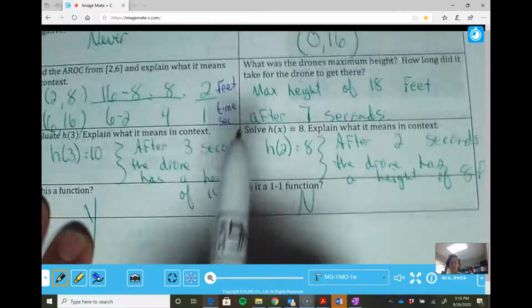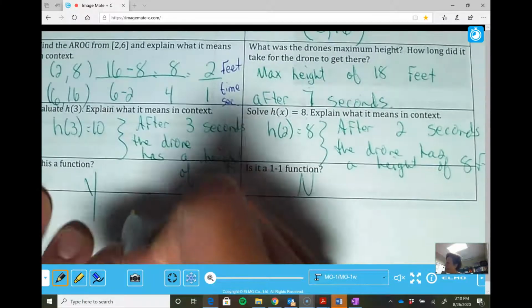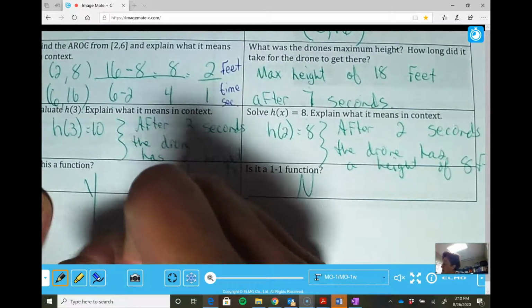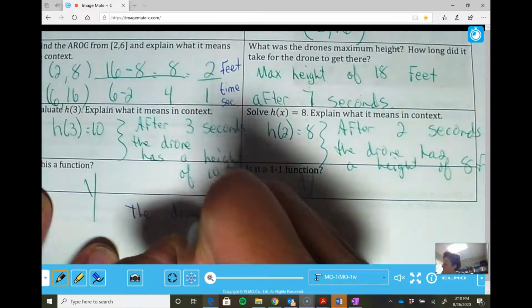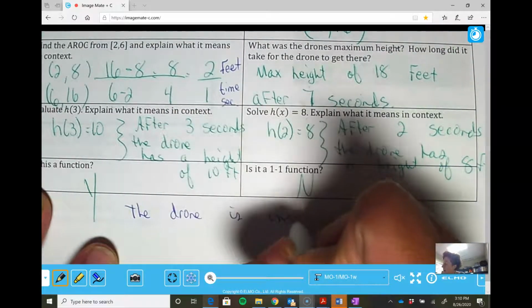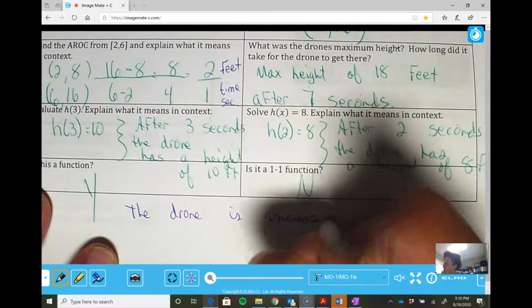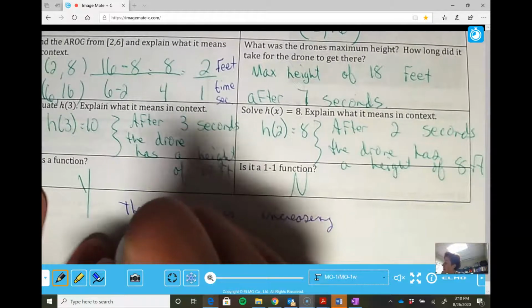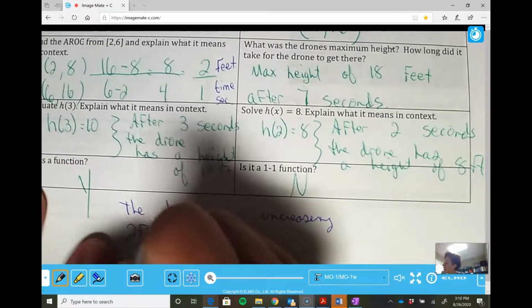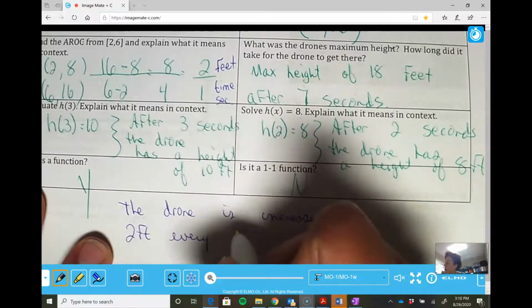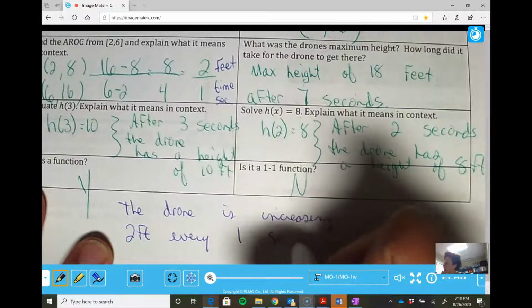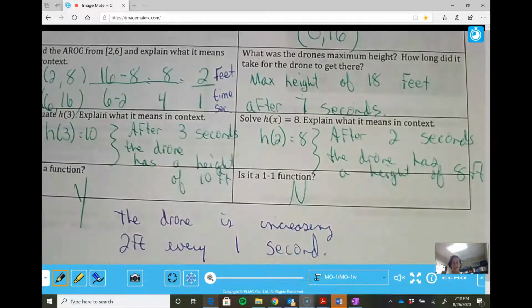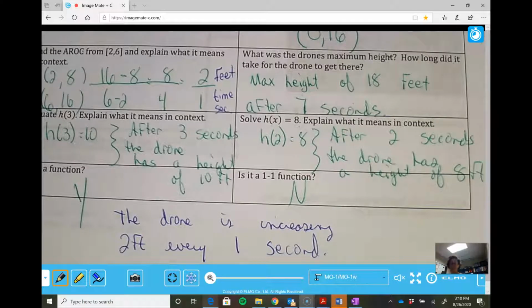So what this means is, and I will write it down here, is the drone is increasing, and I know it's increasing because this is a positive number, 2 feet every or per 1 second on average. Sometimes it's going faster, sometimes it's going slower, but overall it's 2 feet.